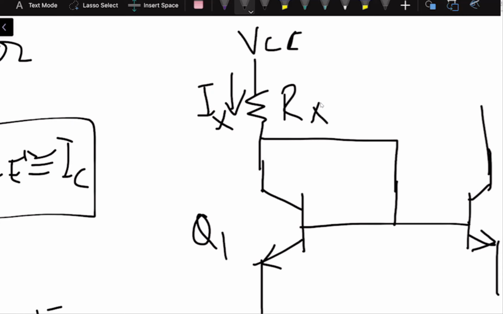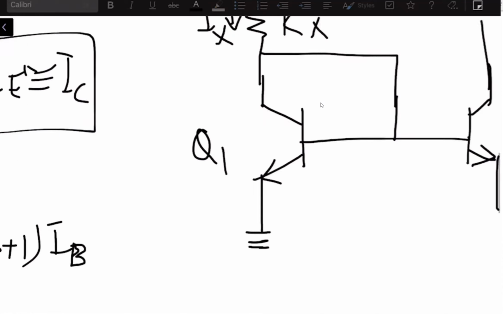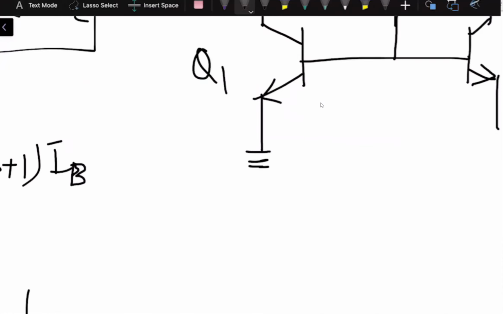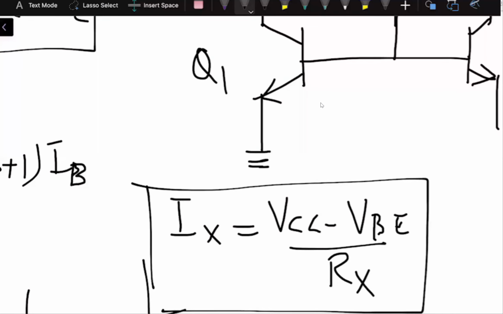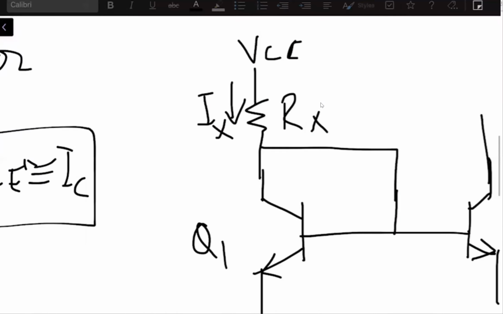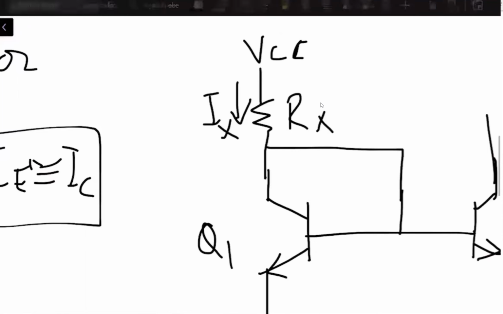So the value of Ix from this circuit, looking at it, we can say that Ix is actually equal to VCC minus VBE divided by Rx. Are you with me? If you look at this circuit, at one end of the Rx we have the potential equal to VCC.